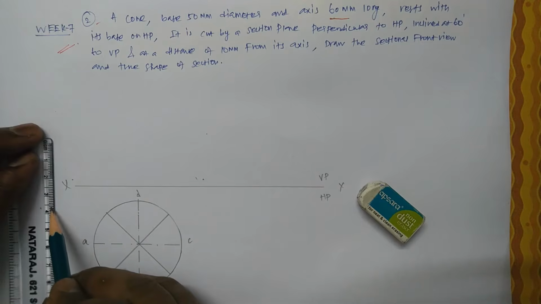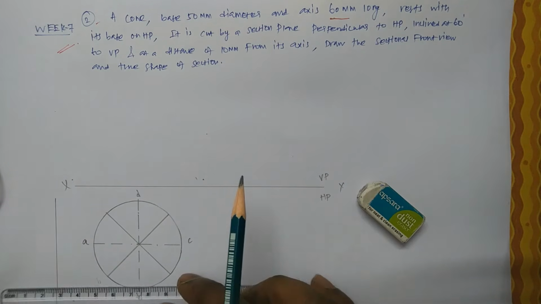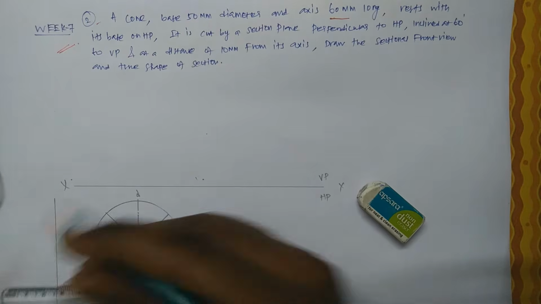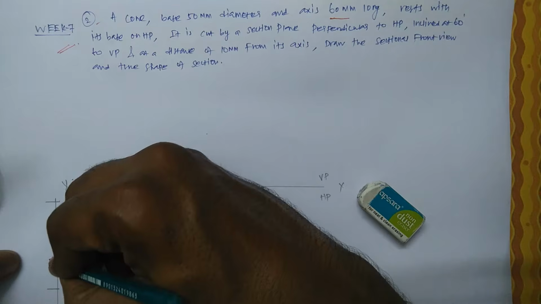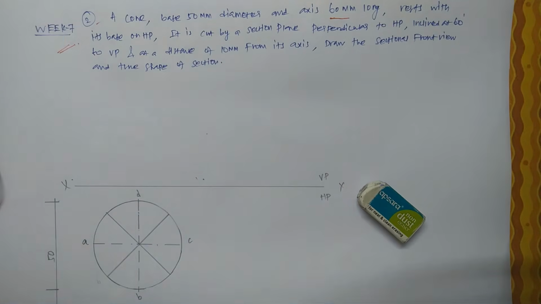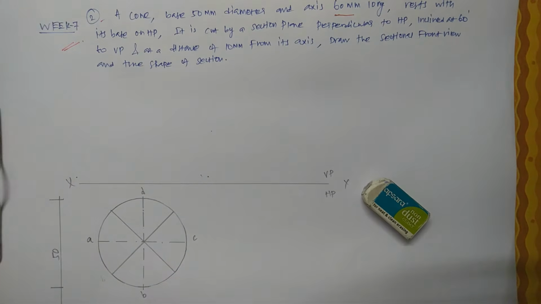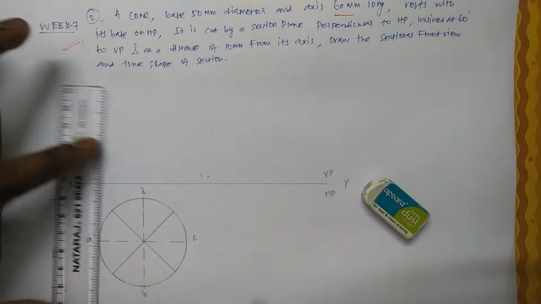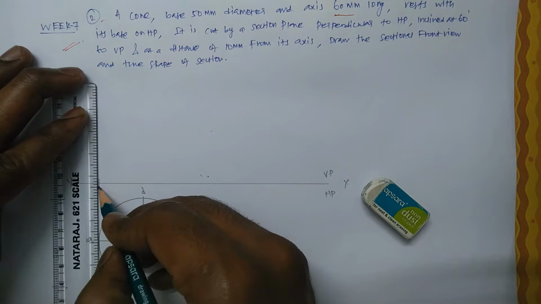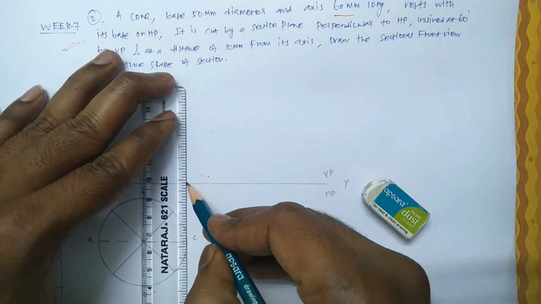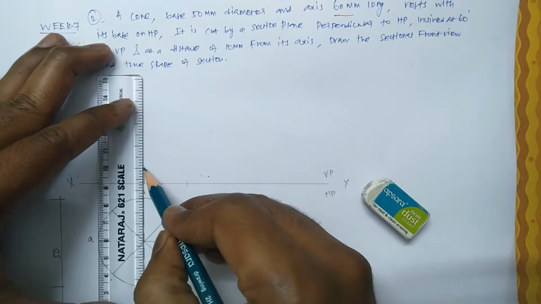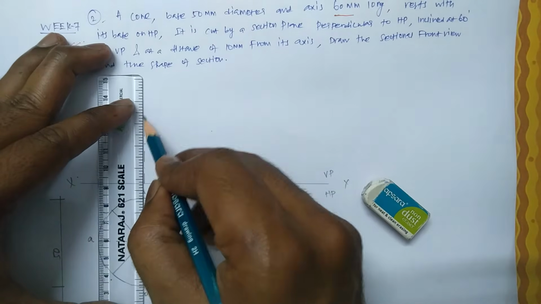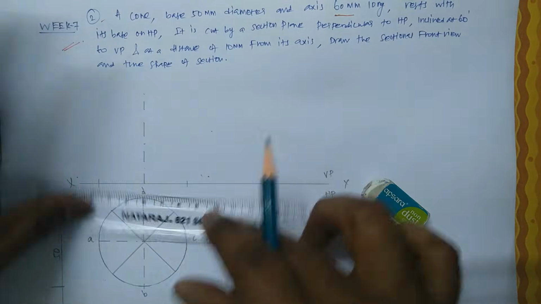The diameter of the circle, again write 50. Now erect a vertical line that will meet VP. That must be 60.